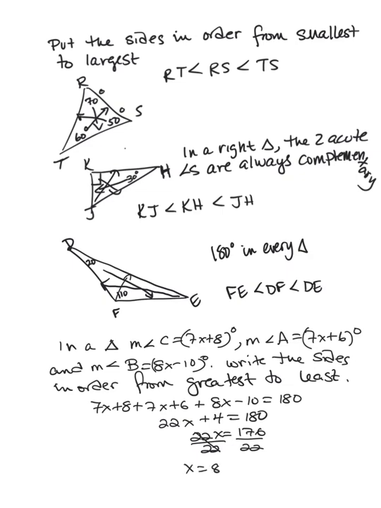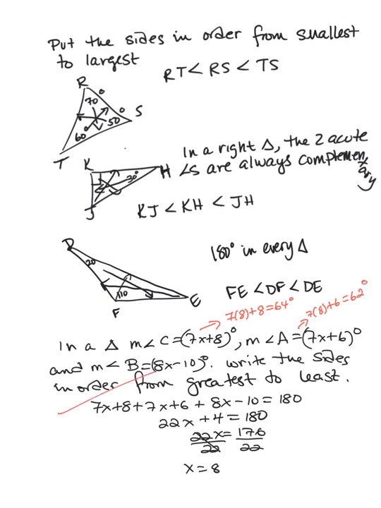So now when I sub this back in, I get 7 times 8, which is 56, plus 8 is 64 degrees, right? Over here, I get 7 times 8 plus 6, which is 62 degrees.